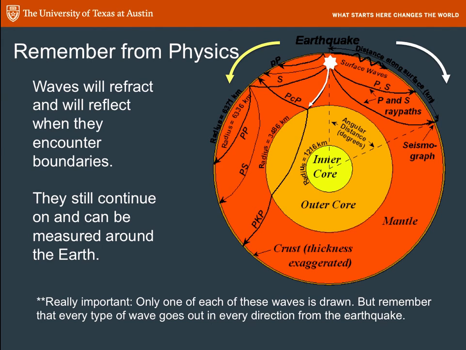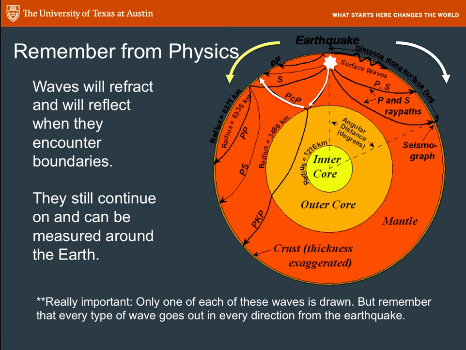This wave traveled down, bounced off the core, reflected off the core, and came back up to the surface, and we call that one a PcP wave with a lowercase c because it was a P wave, compressional wave, in both of its pathways.